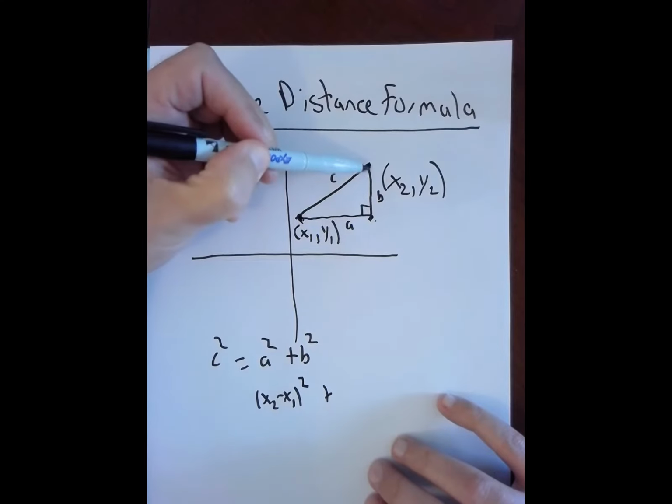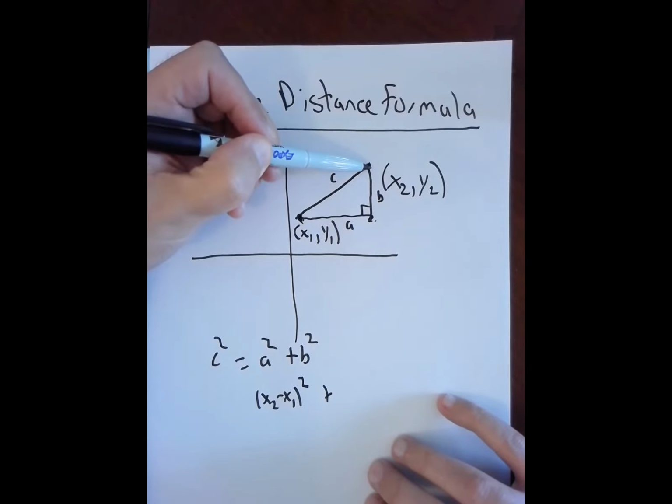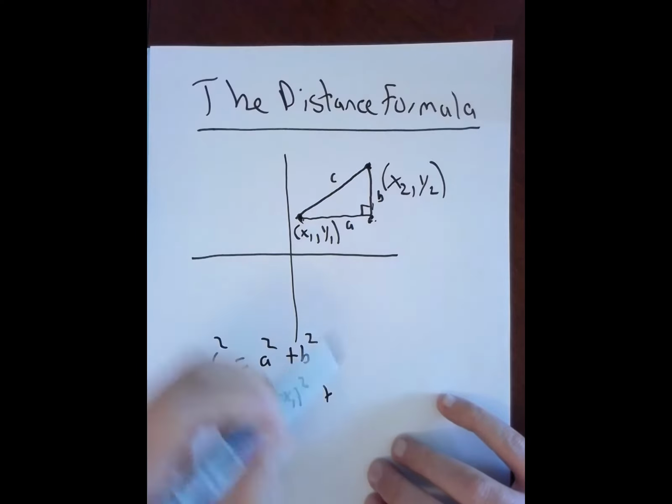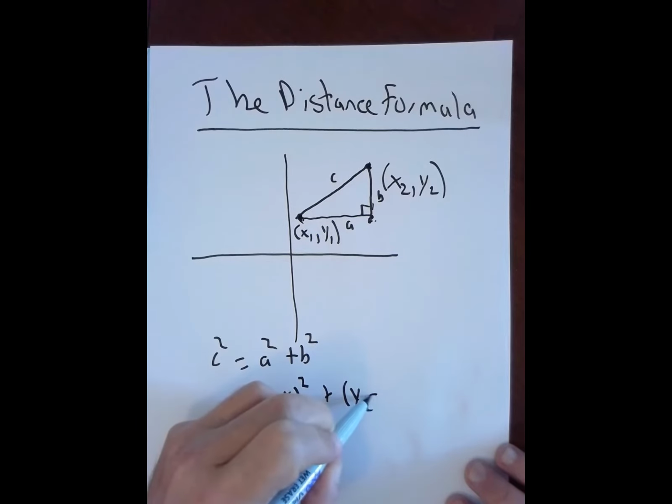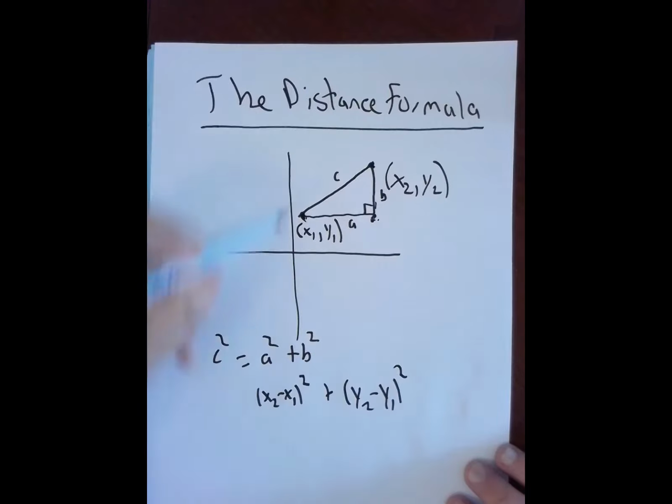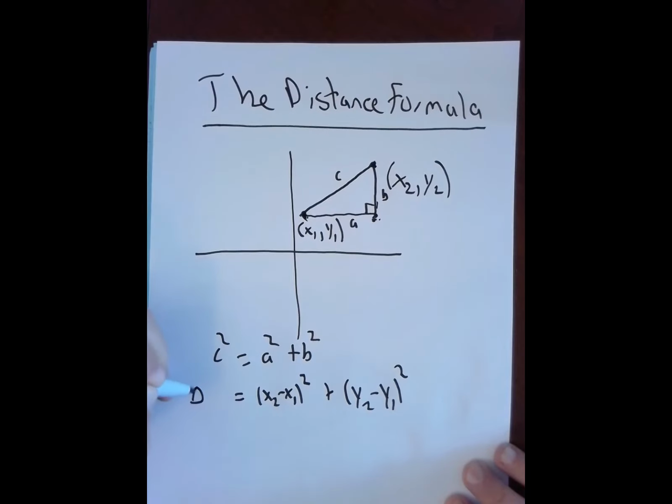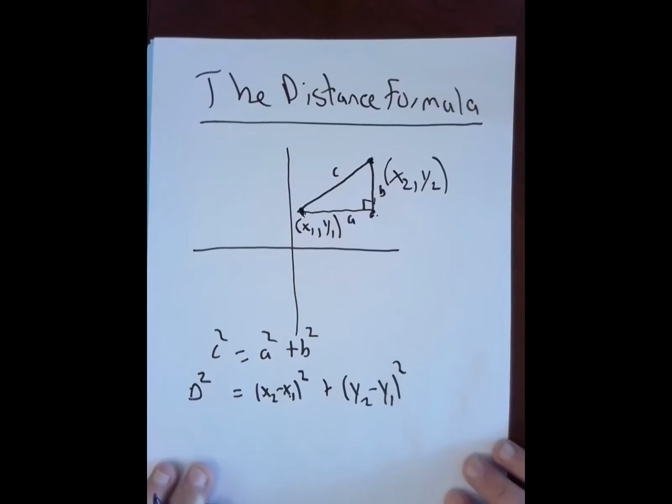B is just the change in y. This vertical distance, y2 minus y1. So this distance, the hypotenuse squared, let's call that d for distance, squared is just change in x squared plus change in y squared.